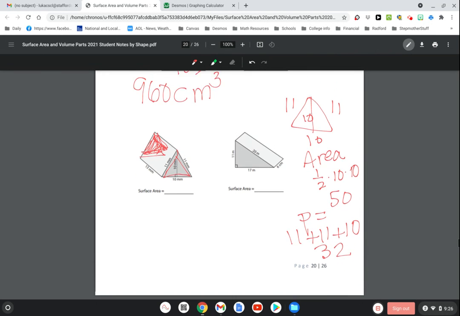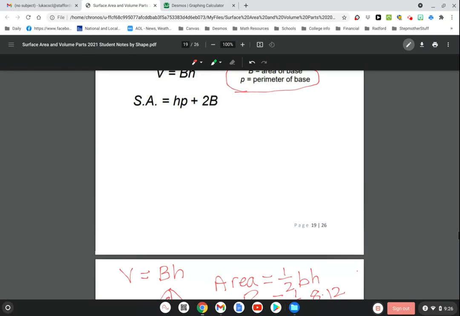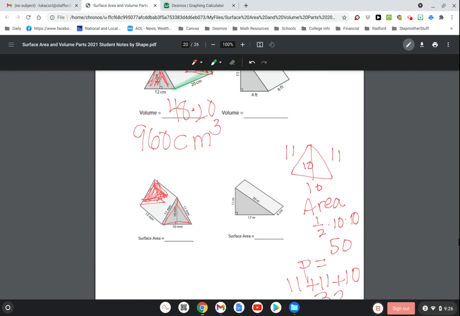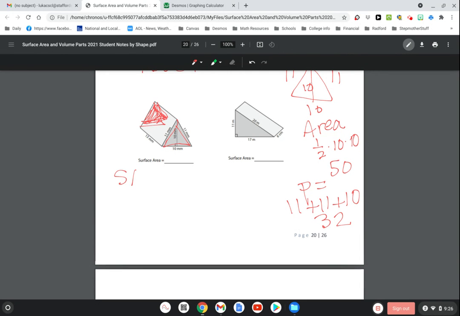So let's go grab that surface area formula. HP plus 2B. Now remember, the height of the prism is how far apart those two triangles are. So that 13 is our height. The perimeter we calculated to be 32.